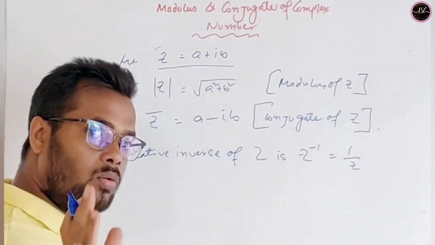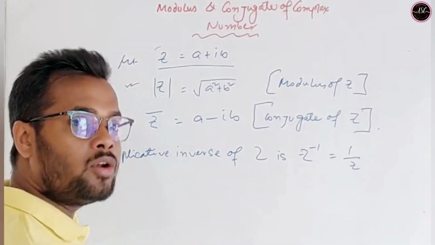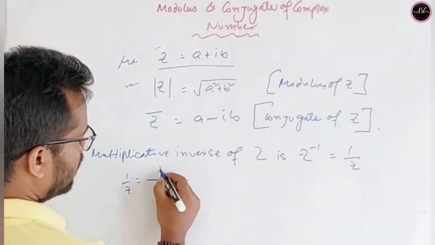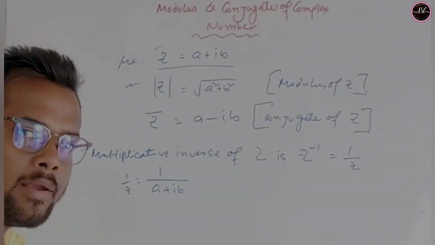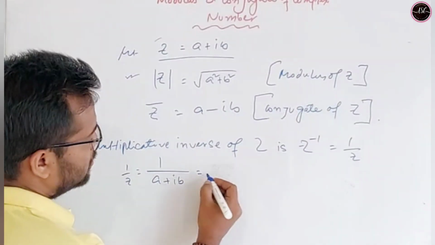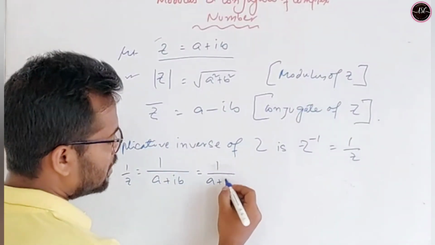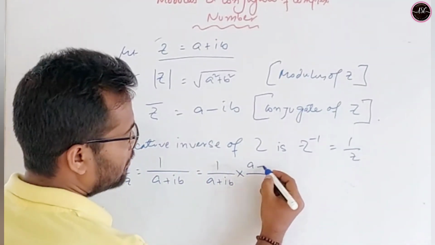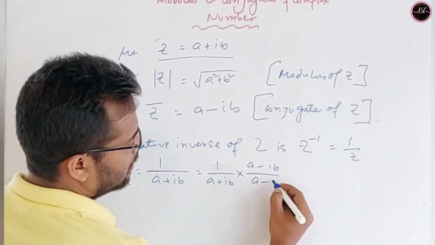Okay, this is one formula, and then we will learn another formula. Just 1 by Z equals 1 by a plus ib. Okay, now just rationalize this. Just write a plus ib and multiply this with a minus ib and a minus ib.